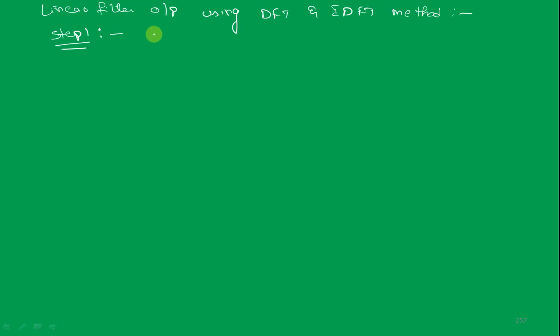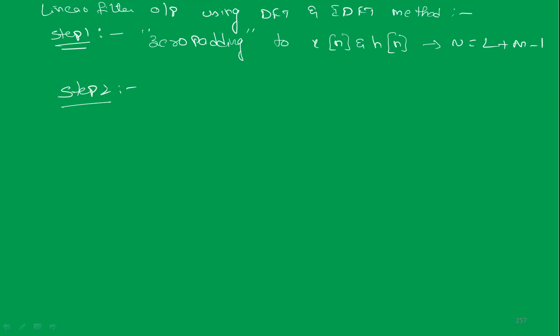The first step is perform zero padding to the input and filter impulse response, to reach N equal to L plus M minus 1 length. So then apply the zero padding to the x of n and h of n.